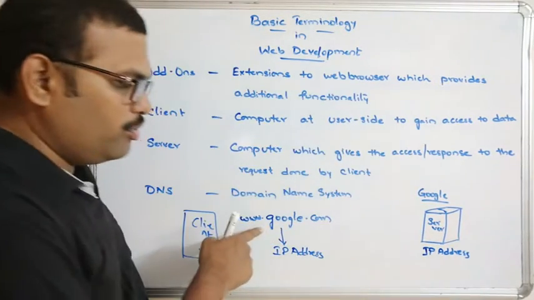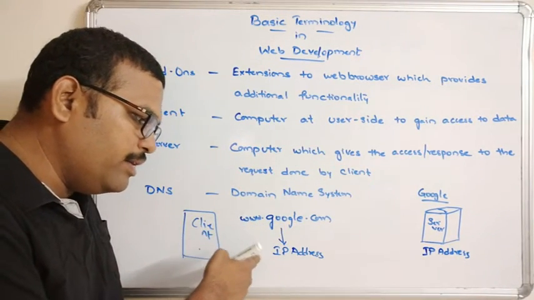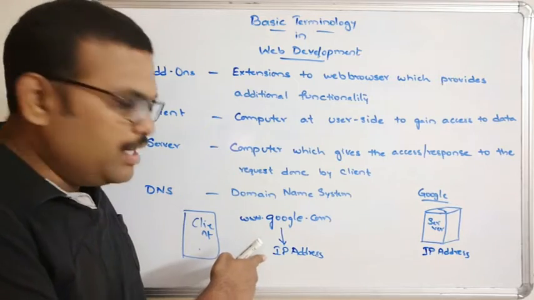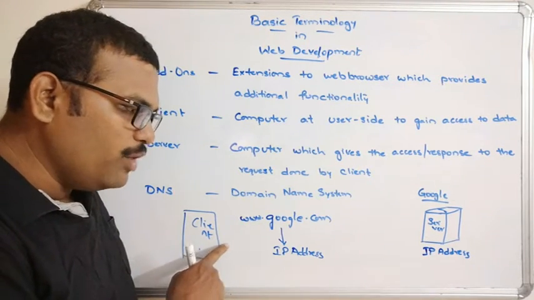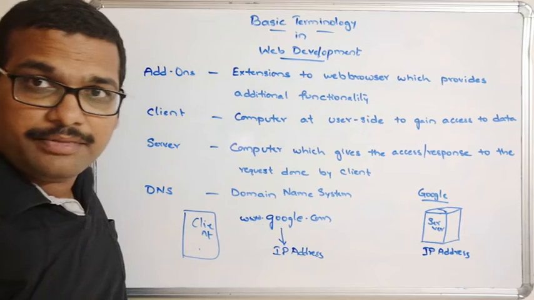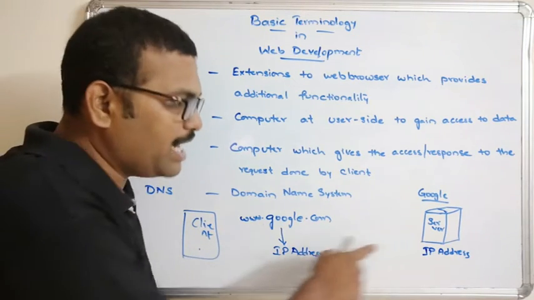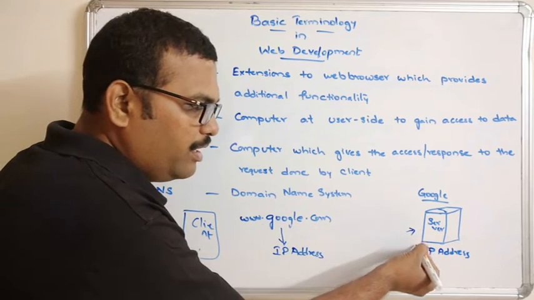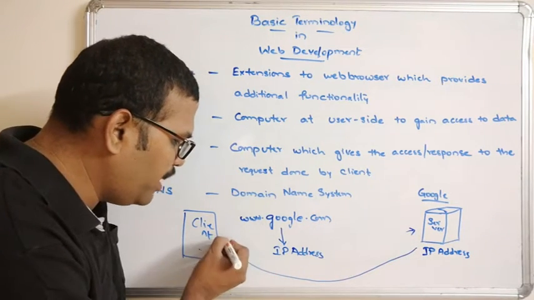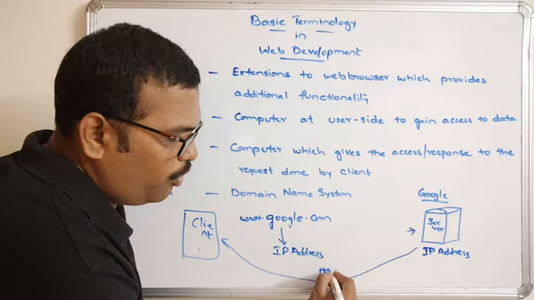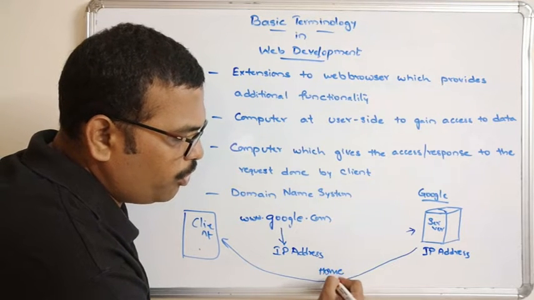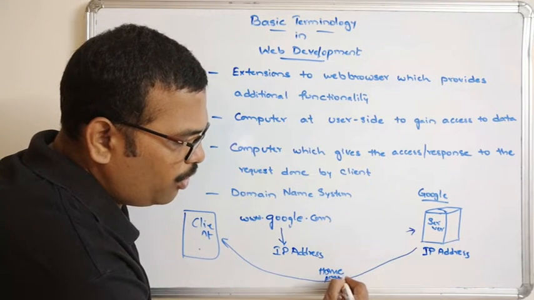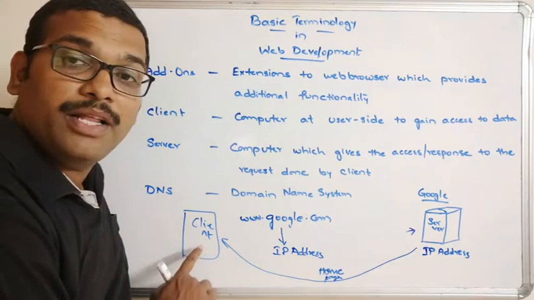So google.com will be converted into the corresponding IP address, and automatically the request will be sent to this particular IP address. Immediately the Google home page will be loaded into the browser which is available in the client.